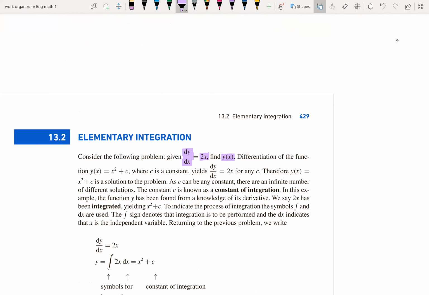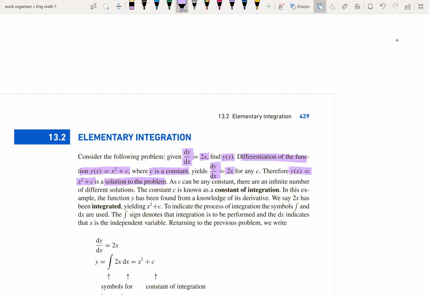The function whose differentiation gives this is y of x equal to x squared plus c, where c is a constant. From this function of y, we get the derivative equal to 2x. Therefore y equal to x squared plus c is a solution to the problem.